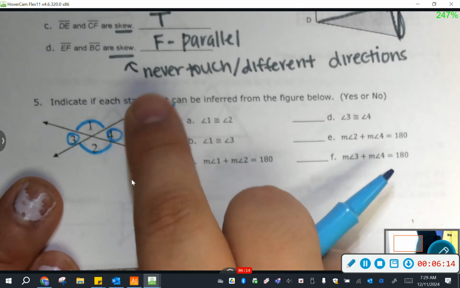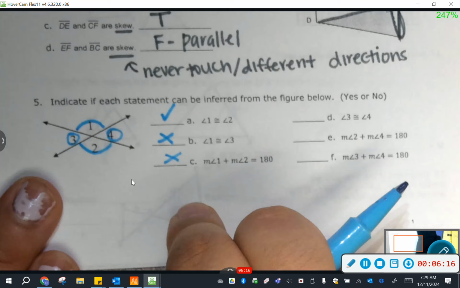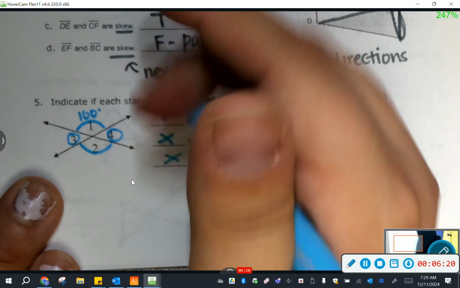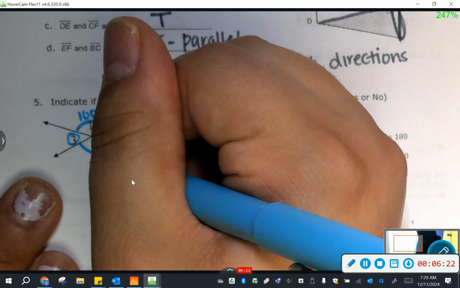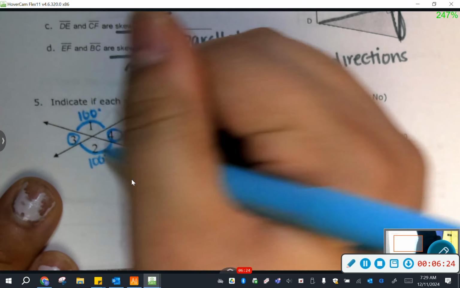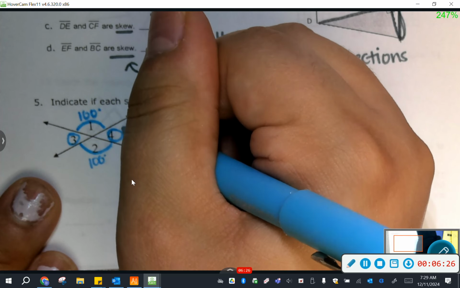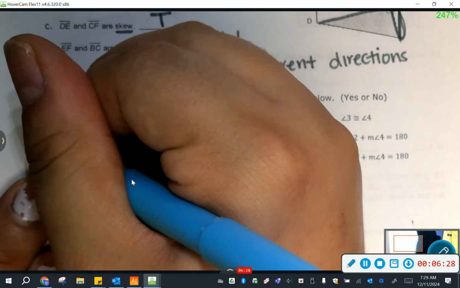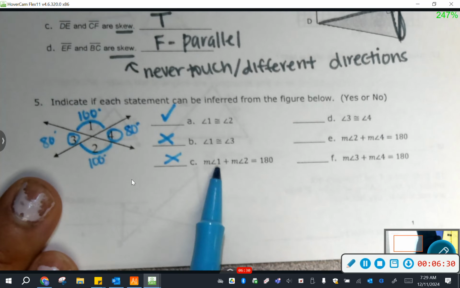You want numbers there? Yeah. Let's make this 100. Then what's down here? 100. Then what would 4 be? 80. And then what would 3 be? And now you can see 1 plus 2 is 100 plus 100, not 180.